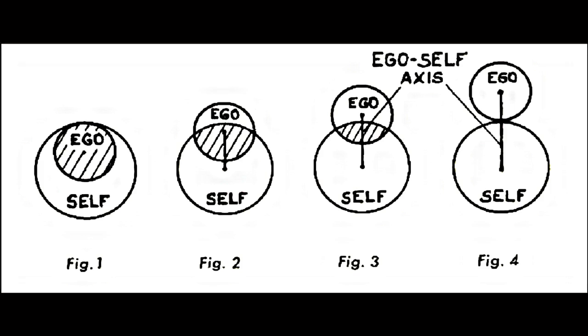Now, the key and core to the individuation process is the development of what Erich Neumann called the ego-self axis. And we'll see Edward Edinger, another Jungian analyst, also used this term quite a lot in his book, Ego and Archetype. And the ego-self axis simply means the ongoing communication.